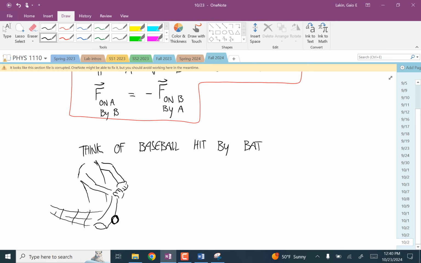The reason is the collisions in pro baseball have super high forces involved. Even though the bat is applying this huge force to the ball to hit a home run or whatever, hit the ball really fast, the ball is also applying a big enough force to the bat that sometimes it just shatters the bat into 100 pieces, you know?